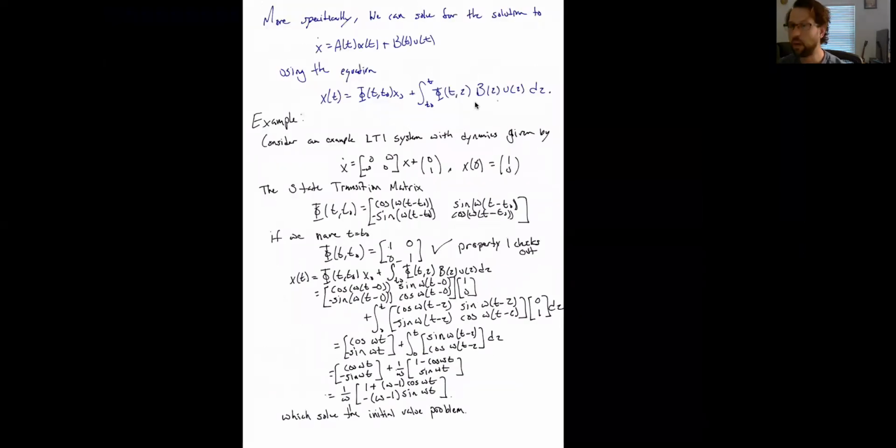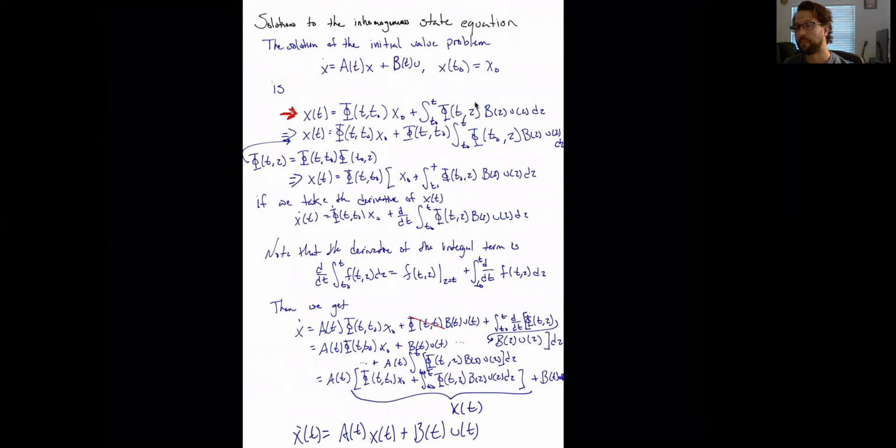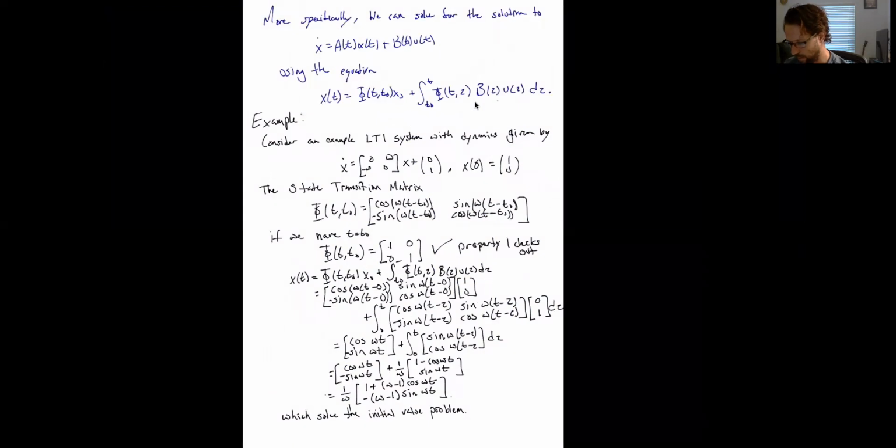Awesome. So today we went over solutions to linear systems, the derivation of it. So we assumed the solution, showed that that solution is in fact a solution to our original linear time invariant system. And then we showed an example where we applied this to a linear oscillator system with a forcing function.